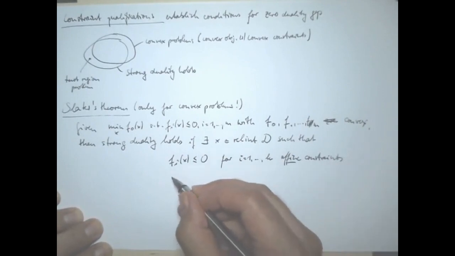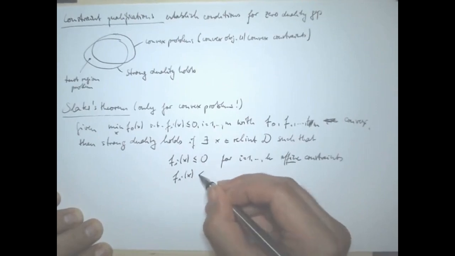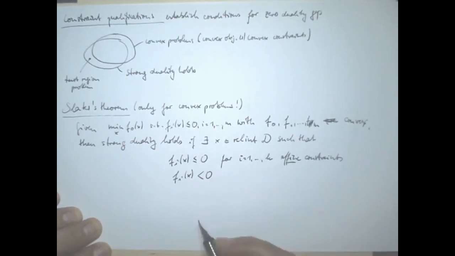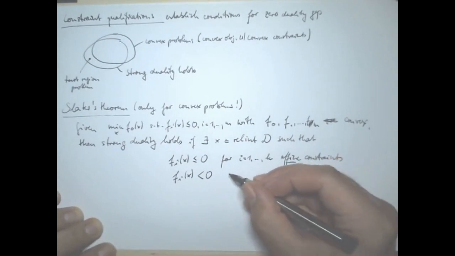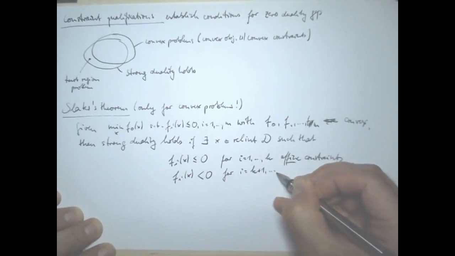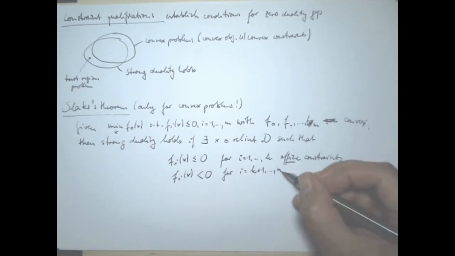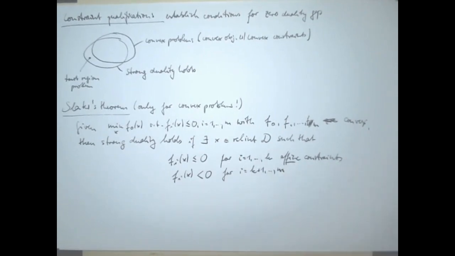And the non-affine constraints, so the general inequality constraints, should hold strictly. So I make a distinction. All of these are inequality constraints. I have a total of m inequality constraints, but I now make a distinction. The affine constraints just need to hold, whereas the non-affine constraints, they need to hold strictly.